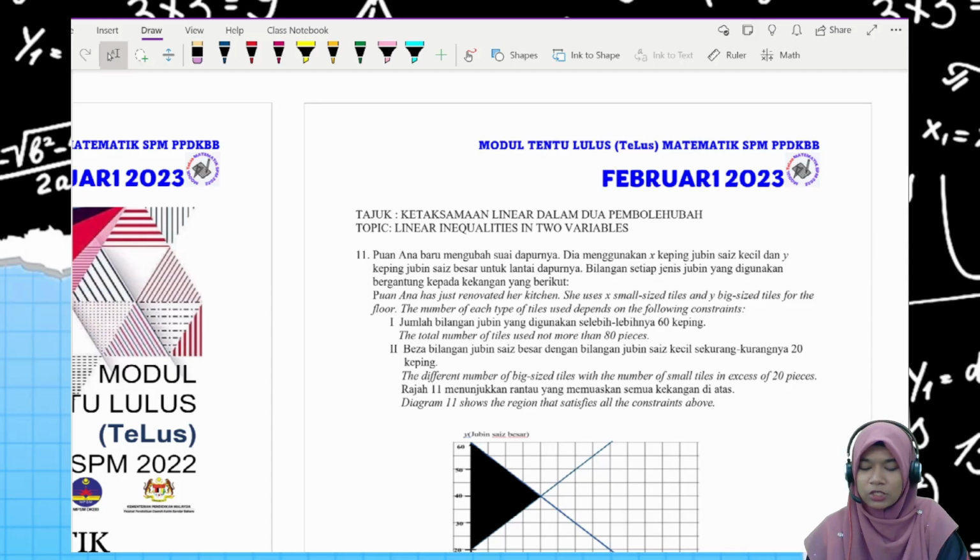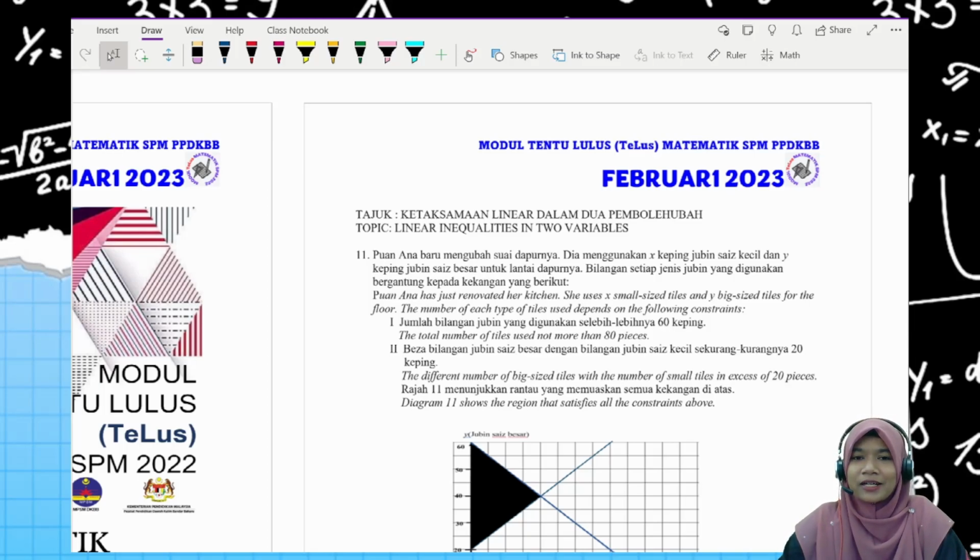Normally, linear inequalities in two variables will come out in SPM. But I'm not sure whether it will come out this year or not.